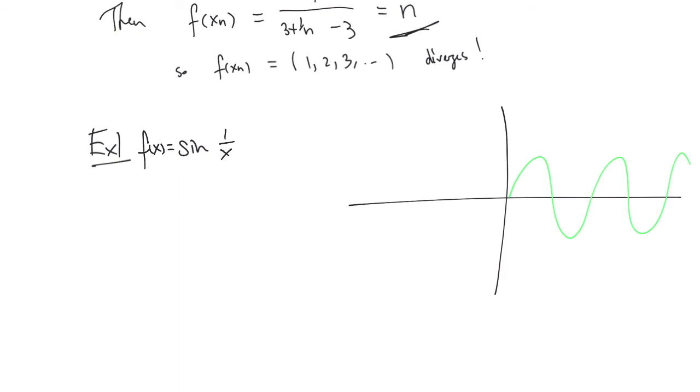Well, first of all, it's still the sine of something, and so all the values will be stuck between 1 and minus 1, because the sine of anything is always between 1 and minus 1. But when x gets close to 0, this 1 over x will go to infinity, sort of increasingly quickly.